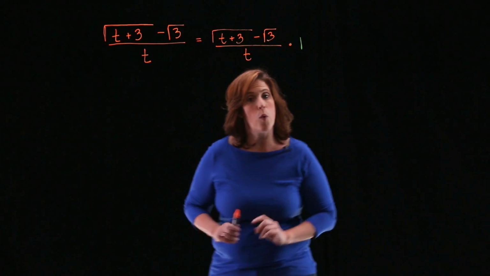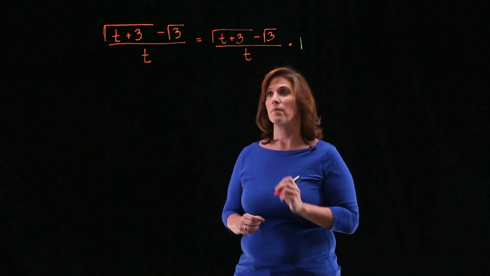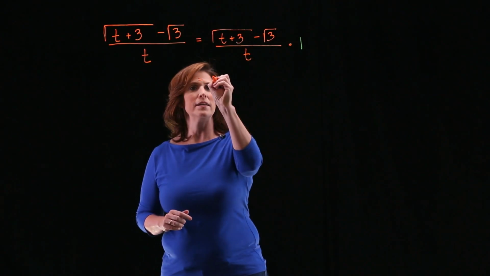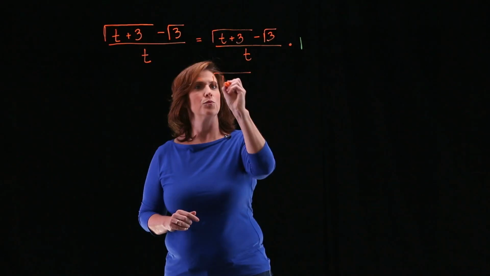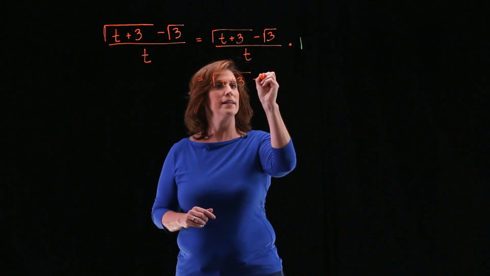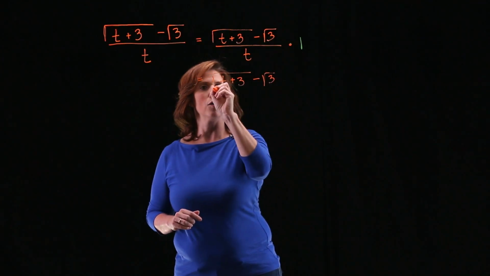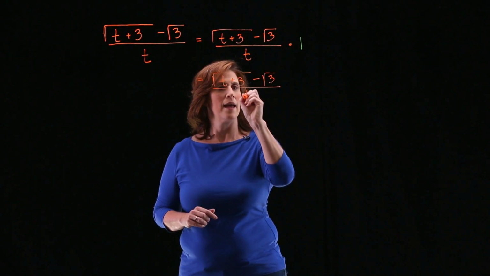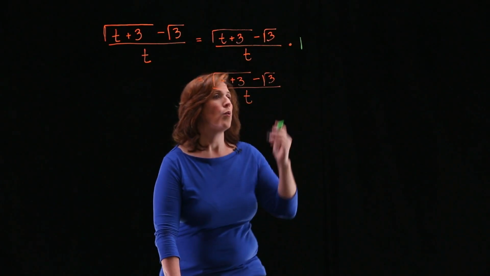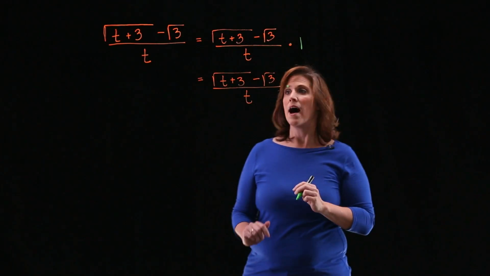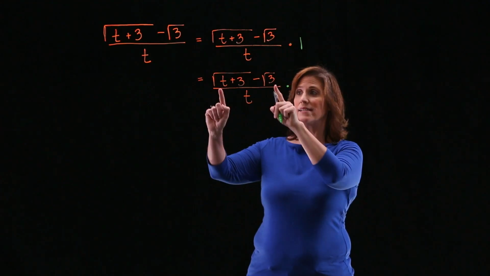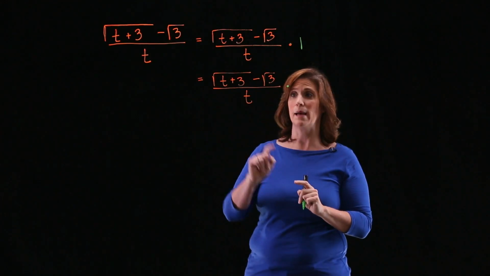Now, the idea is, what form should 1 take? Well, again, I'm going to rewrite my difference quotient, root t plus 3 minus root 3 all over t. And when I write 1, I'm going to write it exactly as the numerator is written, with one small exception.